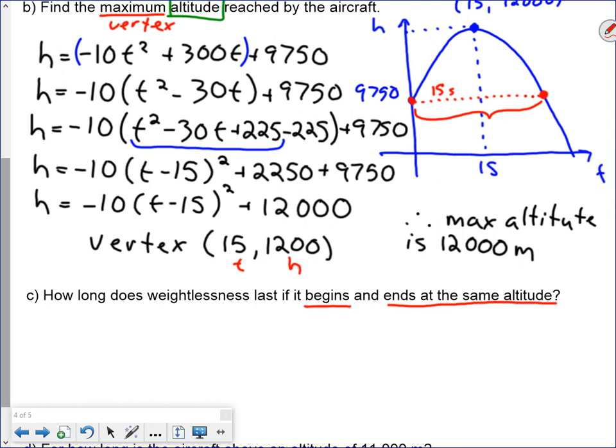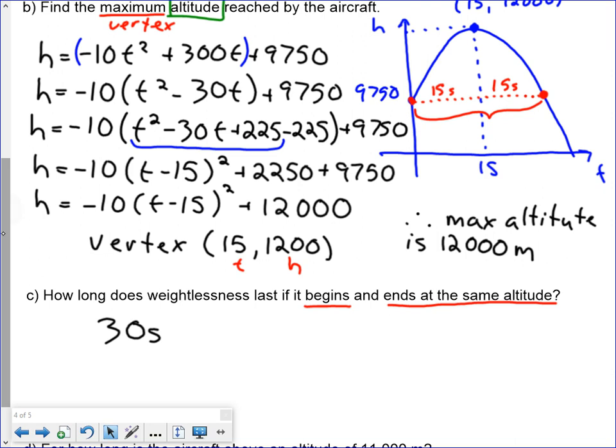Because our parabola is symmetric, the distance from the axis of symmetry to that point where weightlessness ends, the symmetric point, also has to be 15 seconds. So the total distance in terms of time between those 2 points is going to be 15 plus 15. It's going to be 30 seconds. So we could do this question just by sketching a little graph of our parabola and putting the given information on it.